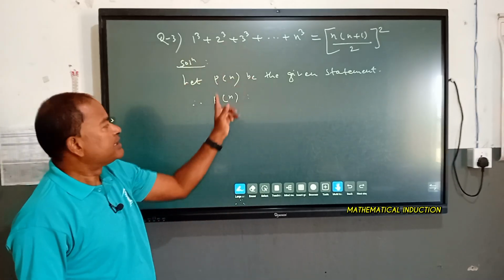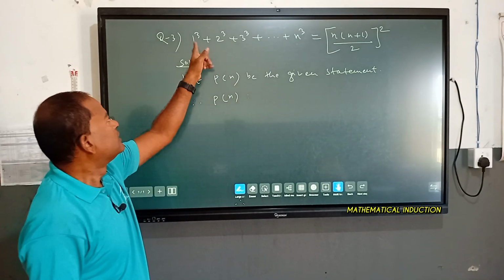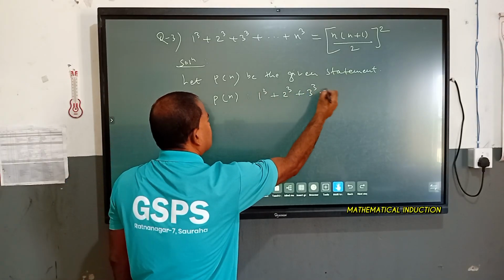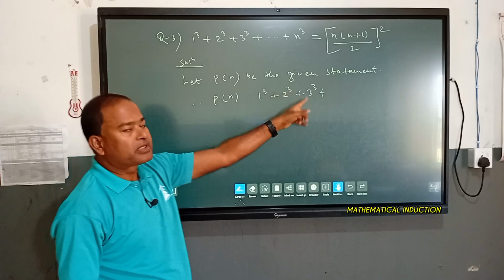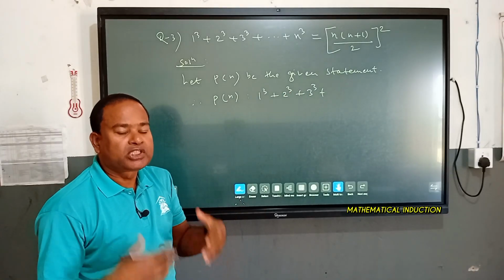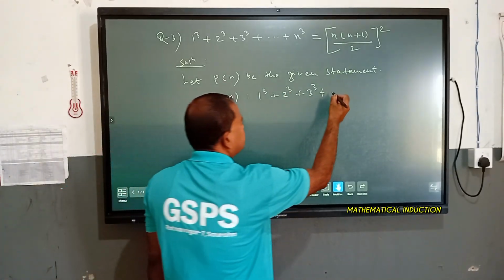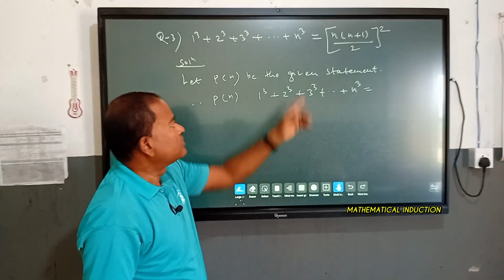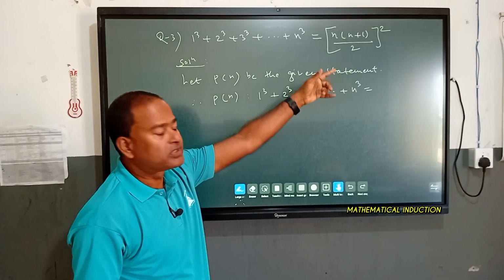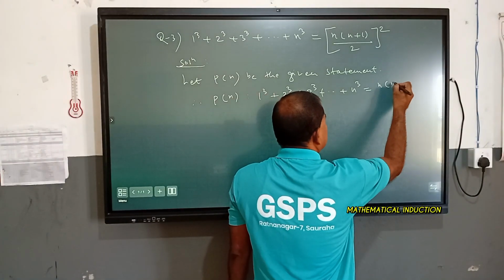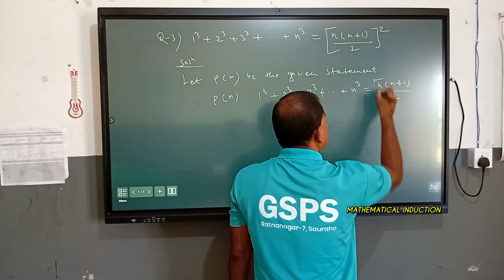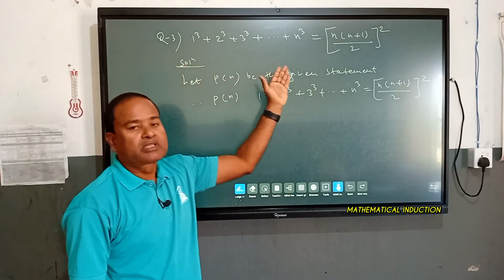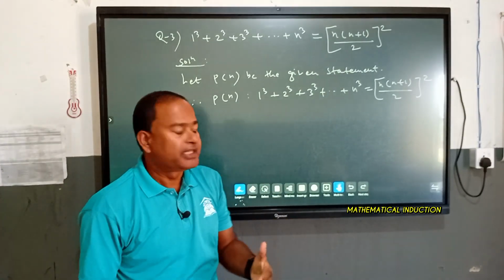Therefore, the given statement is Pn such that 1 cube plus 2 cube plus 3 cube, that means we are taking the cubes of first n natural numbers, which we have to show equal to n times n plus 1 divided by 2 whole square. So dear students, we have supposed the given statement as Pn.